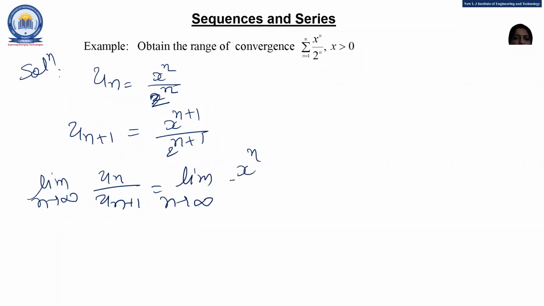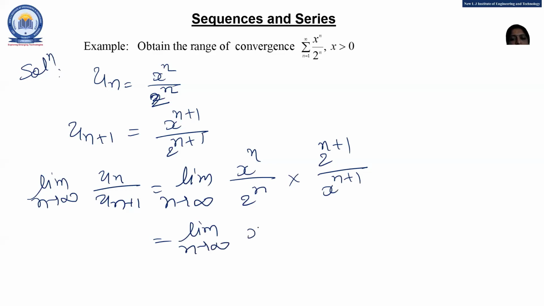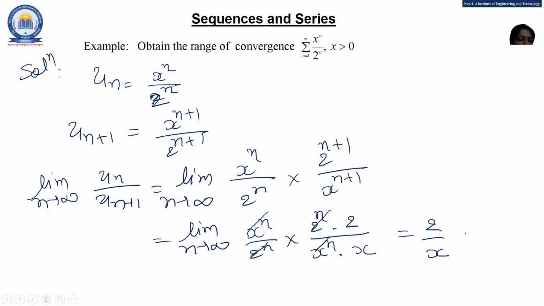Un is x raised to n upon 2 raised to n, and the n plus 1 term inverted is 2 raised to n plus 1 upon x raised to n plus 1. After simplification, 2 raised to n into 2 in the numerator and x raised to n into x in the denominator. So x raised to n and 2 raised to n will be cancelled, and our answer is 2 by x.